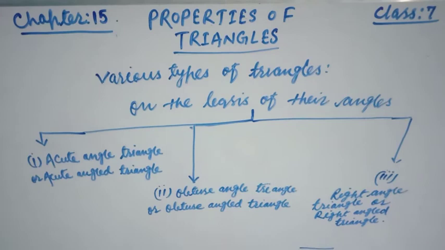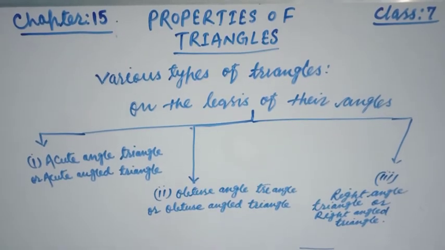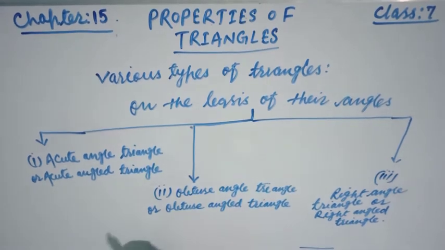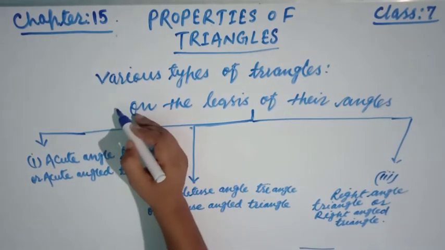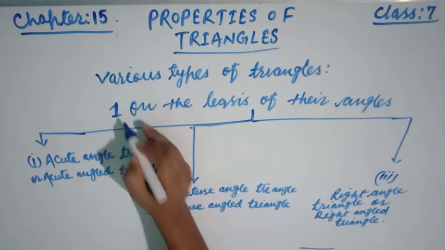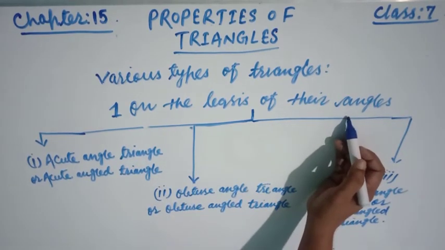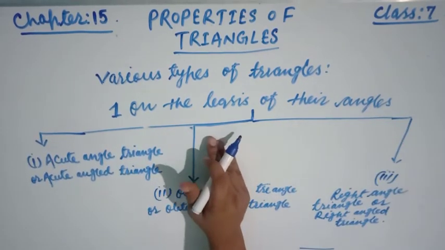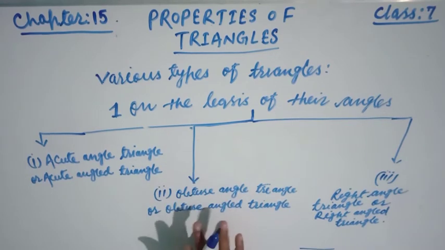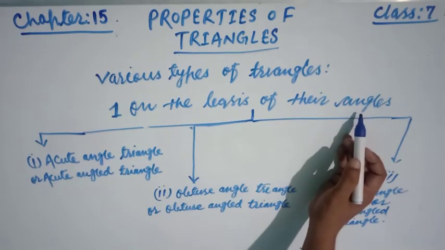Now see friends, here are the various types of triangle. There are two categories of triangle. First, on the basis of their angles, and second, on the basis of their sides. So let us discuss first on the basis of their angles. A triangle has three types on the basis of angles.